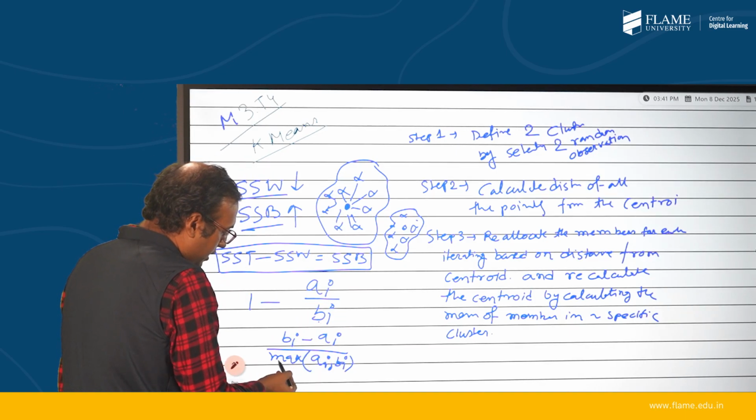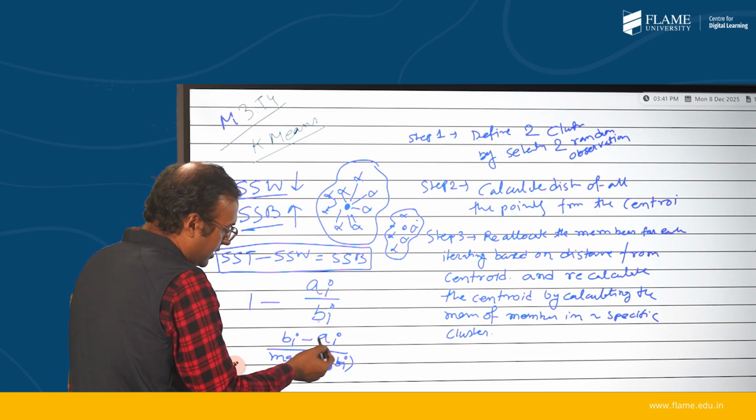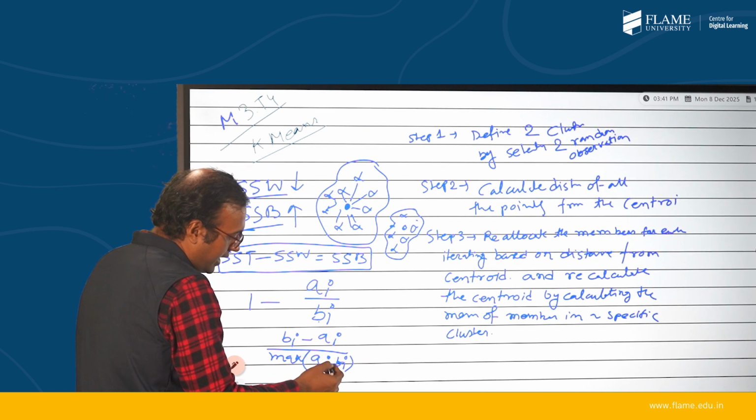And then you can just take a ratio, bi minus ai divided by max(ai, bi).